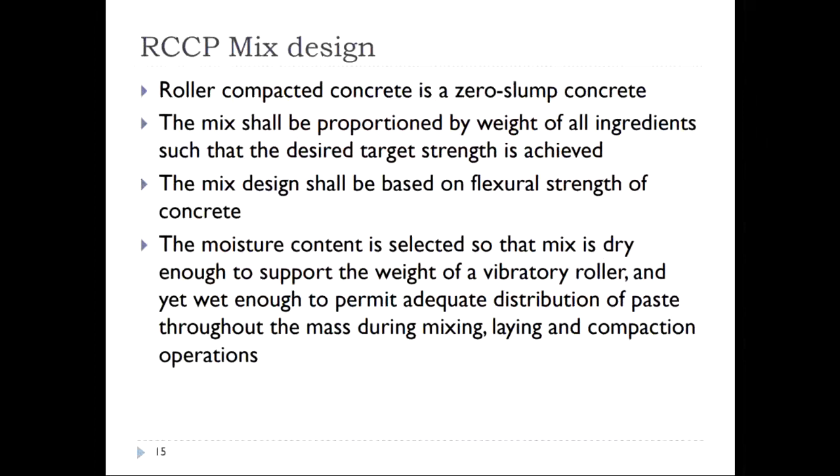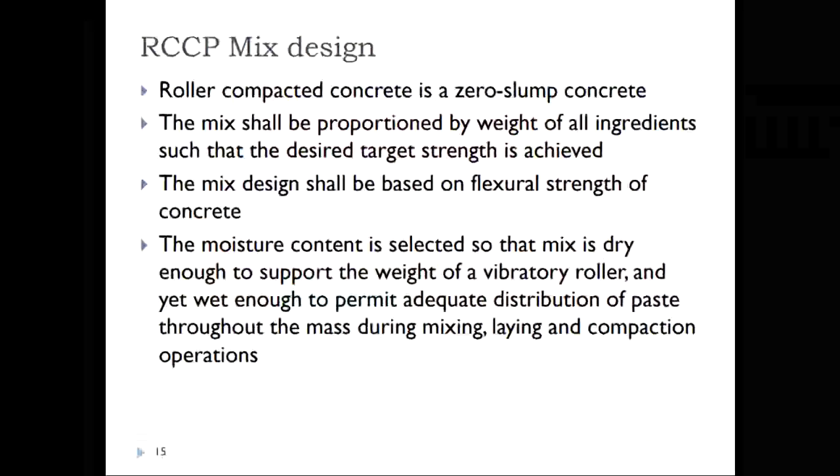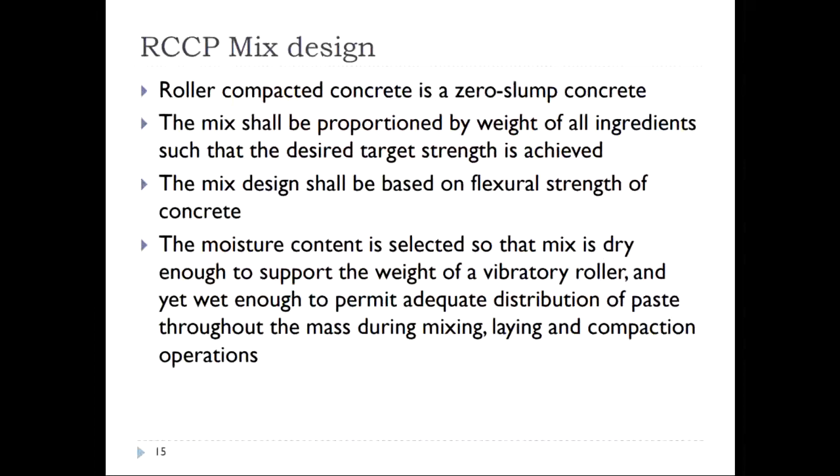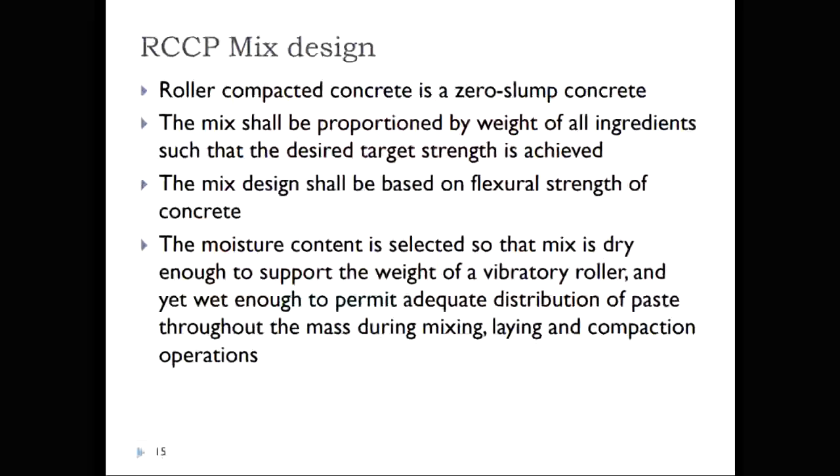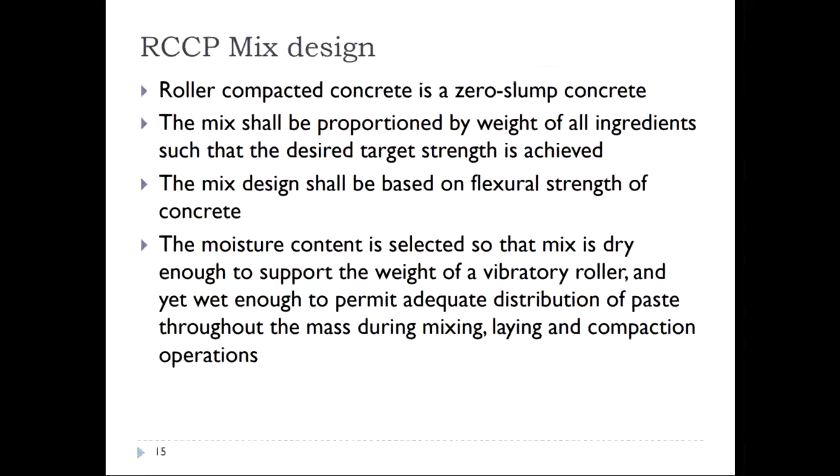For a selected cement content, you try to find out the optimum moisture content of these mixes. Once you determine it, you have to prepare cube specimens, cylindrical specimens, and even beam specimens for testing different strengths.